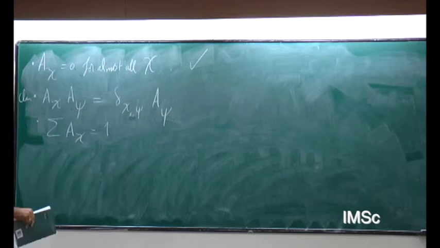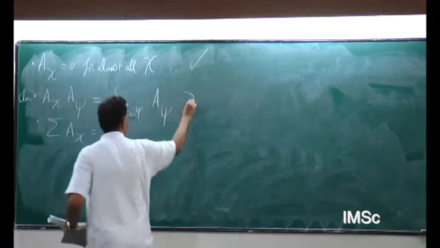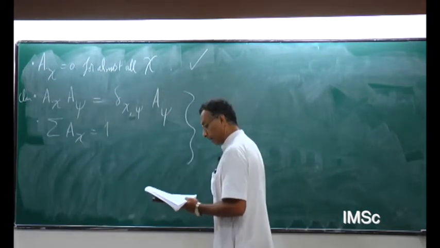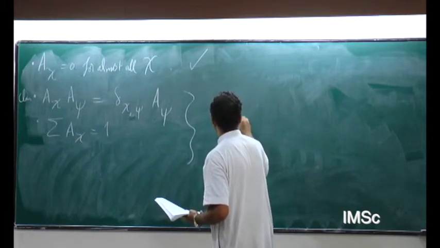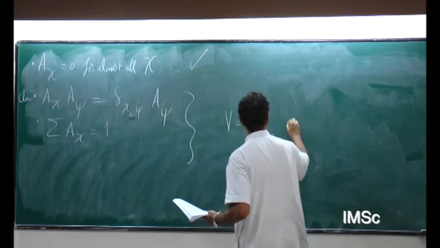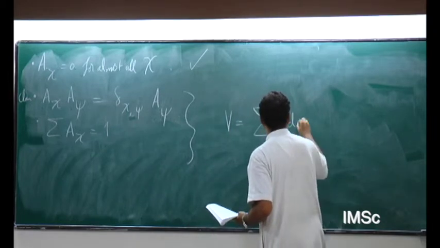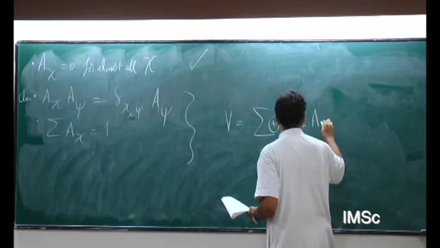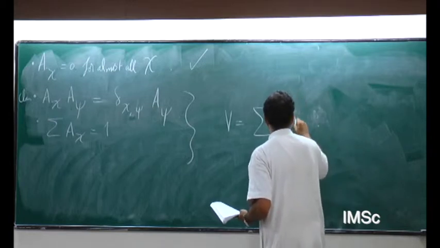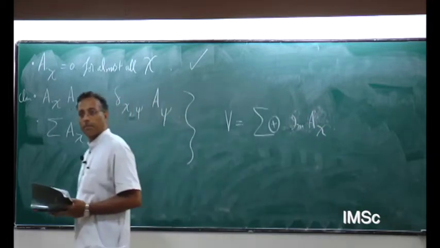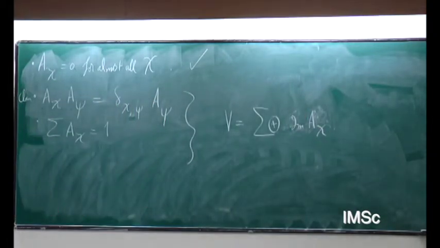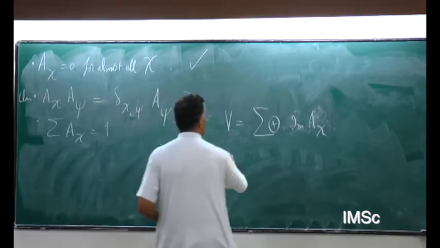So once the claims are proved, you will get that V is the direct sum of the images of A_chi.